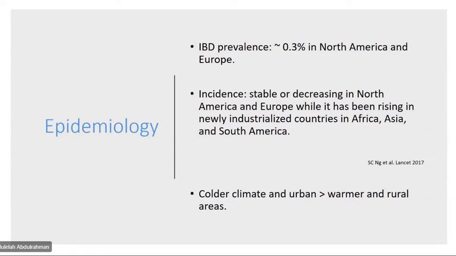So the incidence, on the other hand, and you know the difference between prevalence and incidence. Prevalence is the whole pool, the number of patients diagnosed with the disease at one given time. Incidence is the newly diagnosed cases per year. So the incidence is stable or decreasing in North America and Europe, while it has been rising in newly industrialized countries. So we are, for example in Saudi Arabia, diagnosing IBD this year more than what we diagnosed the year before, and more than what we diagnosed 10 years before.